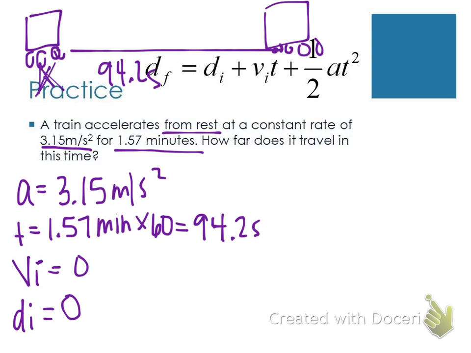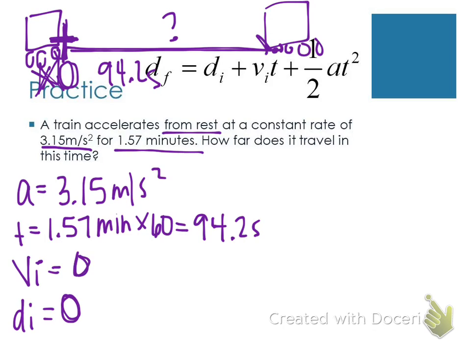This is our starting point, so we're making that 0, and we want to find out how many meters it travels during this little picture of time. We're resetting our origin right here. So our initial displacement is 0. We don't care how far it's traveled up to that point. Does that make sense?